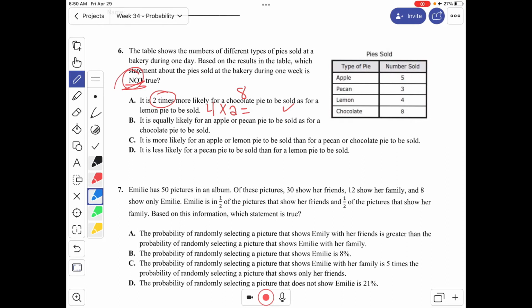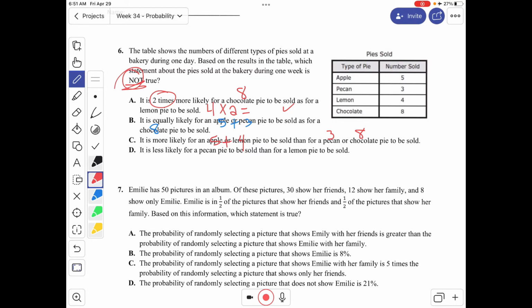B says it is equally likely for an apple or pecan, that would be 5 plus 3, to be sold for a chocolate pie to be sold. C says it is more likely for an apple or lemon, so that would be 5 plus 4, to be sold than for a pecan or chocolate.